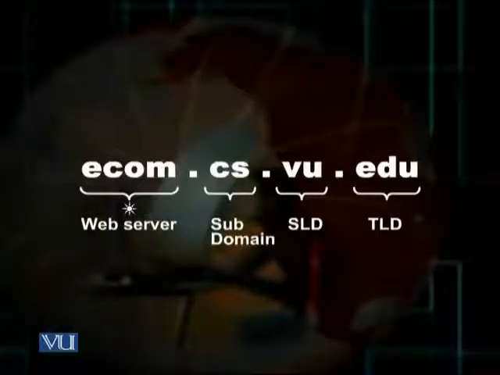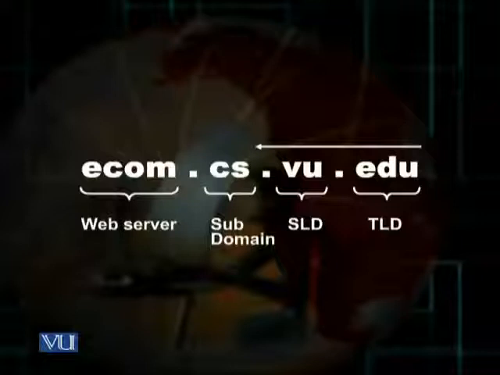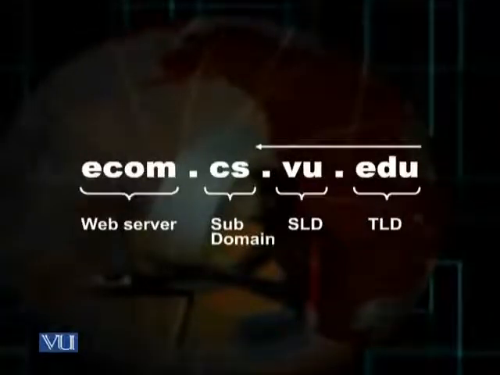Ecom here refers to the name of the web server machine. This is the web server machine which has this particular content file stored in it, and when a request is made, this particular web page would then be supplied to the client machine.